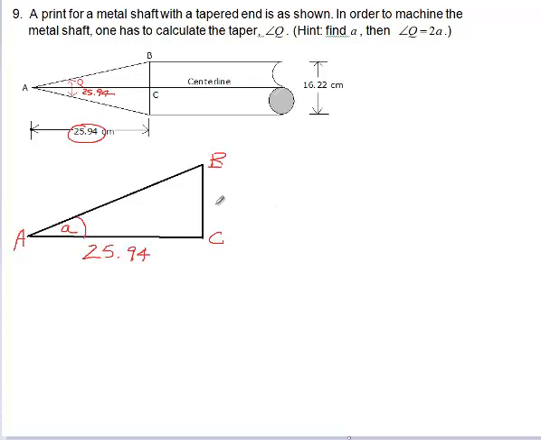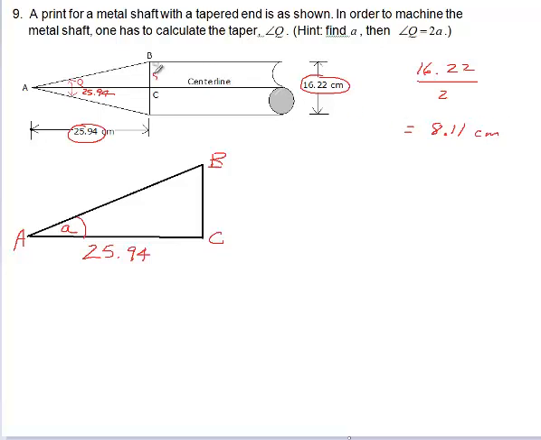There's another value given here, 16.22. That's for all of that full line. So this side BC is half of that. So 16.22 divided by 2 is equal to 8.11 centimeters.